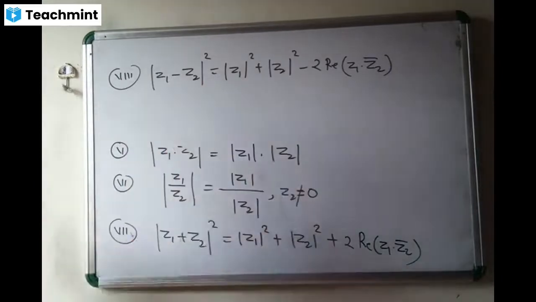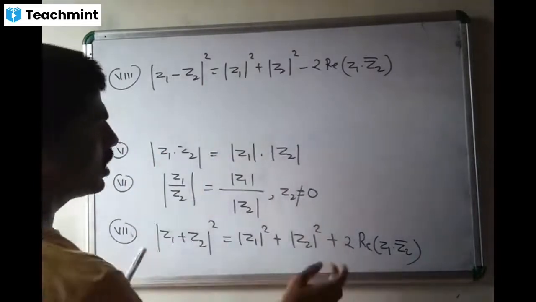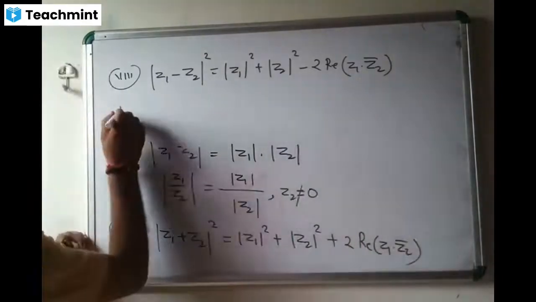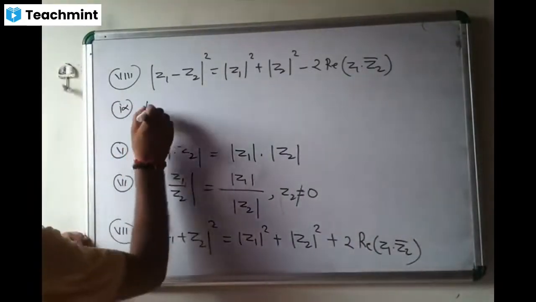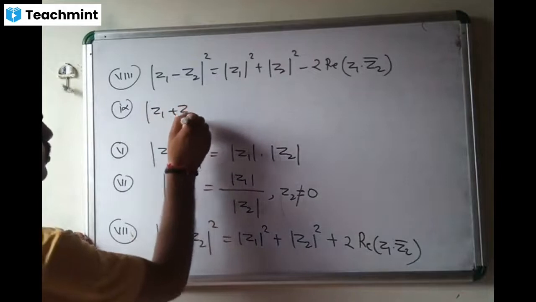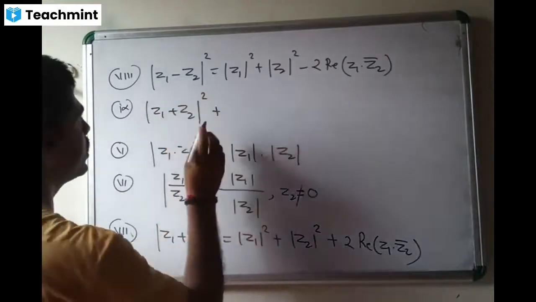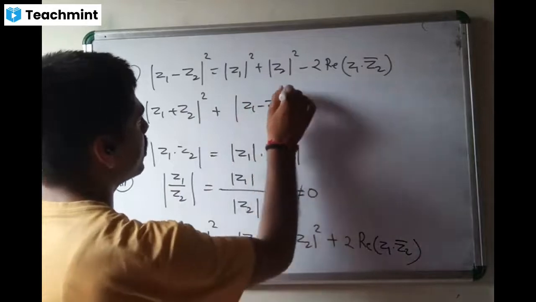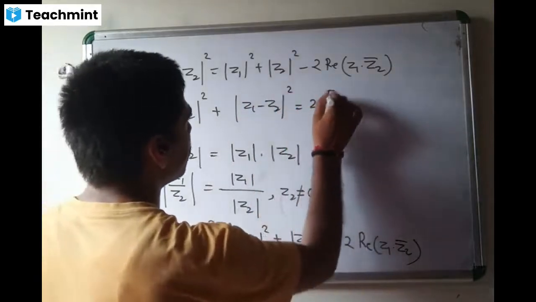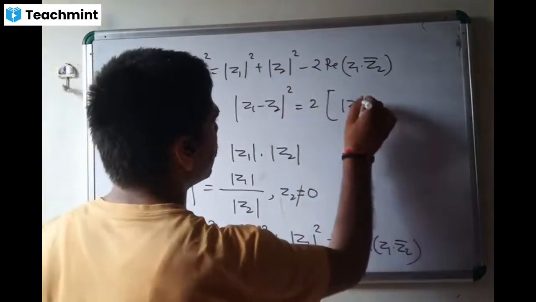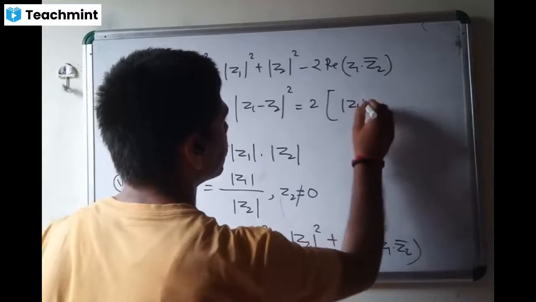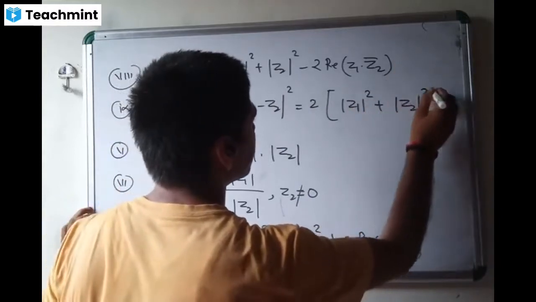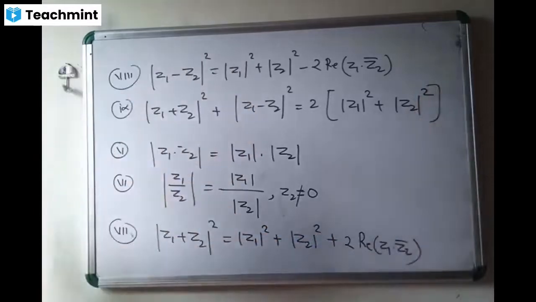If we add these two, the cross parts will cancel. So you will get mod z1 plus z2 of whole square plus mod z1 minus z2 of whole square equal to 2 taken common times mod z1 square plus mod z2 square. Okay.